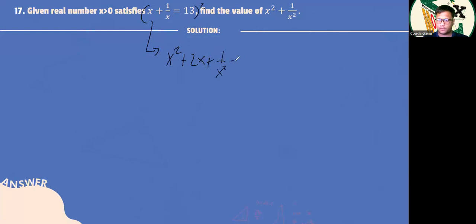So 13 times 13 is 169. Since we're only looking for x squared plus 1 over x squared, we just transfer that here. So x squared plus 1 over x squared is going to be equal to 169 minus 2, or that's equal to 167. So that should be our final value.